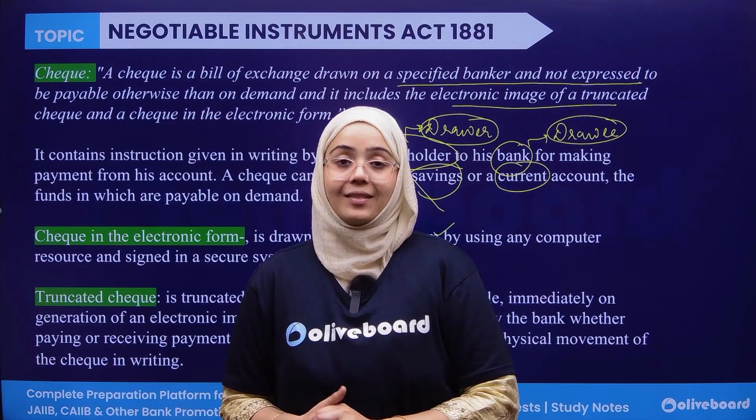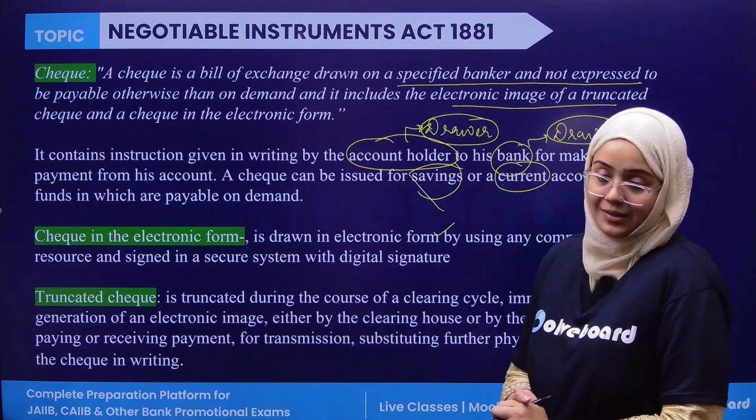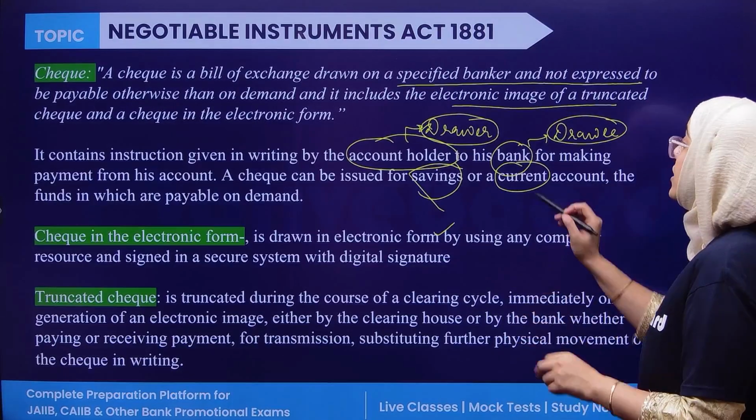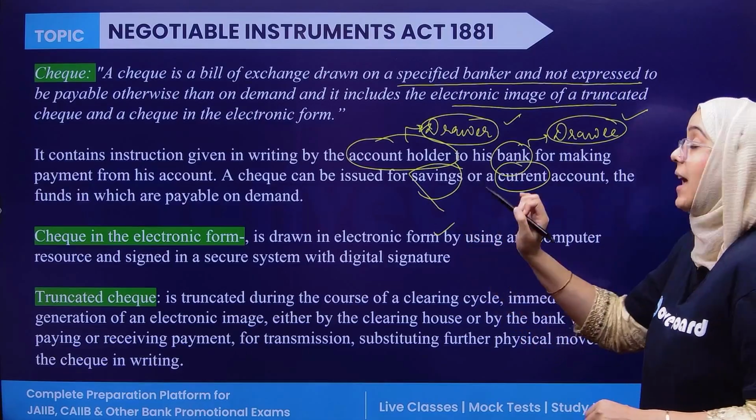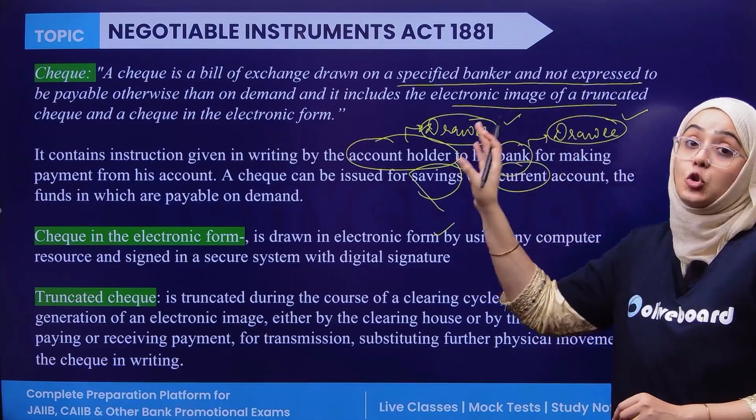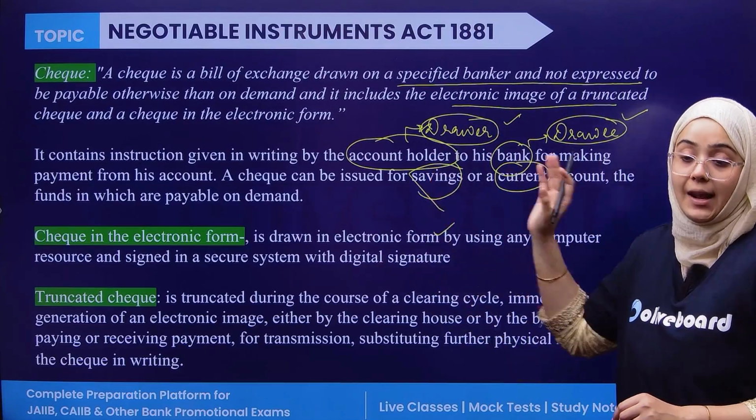This is known as the check truncation system. Clear? Now you must have understood who is the drawer and who is the drawee. The drawee is the person who is directed to pay, and the drawer is the maker of the check.